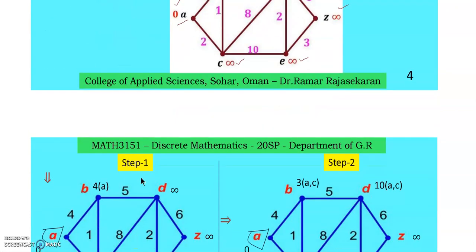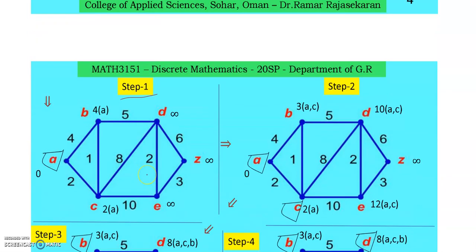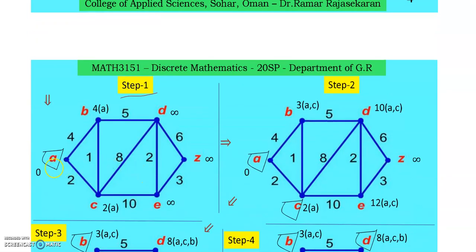Now watch step 1. What is step 1? This is your source vertex A, distance 0. This edge has the weight 4, and this is the vertex B. To reach B from the source vertex, the distance is 4.